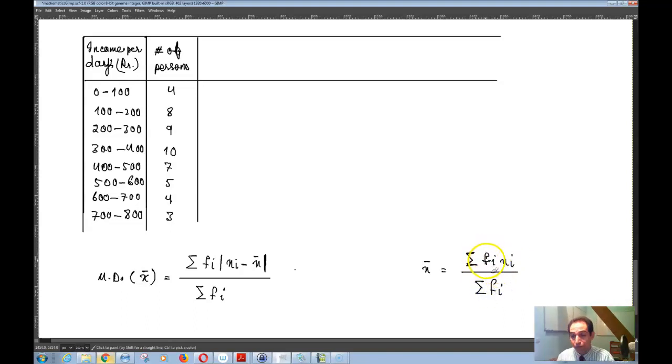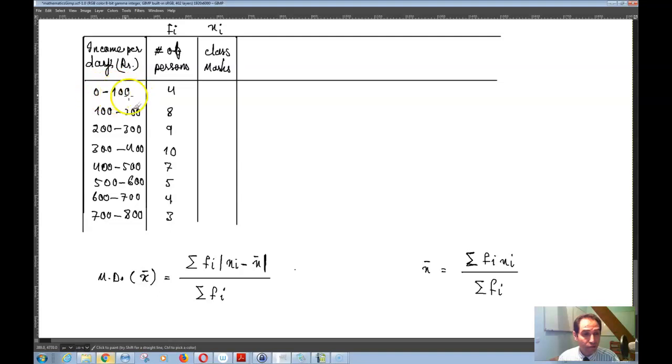Now this is your f of i, not your x of i, so you need your x of i as well. We said that we had to find the class marks, which serve as our x of i.